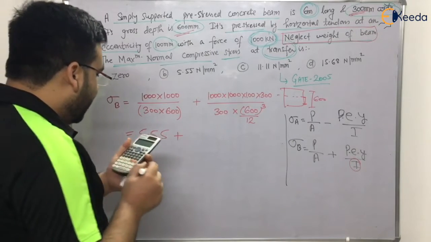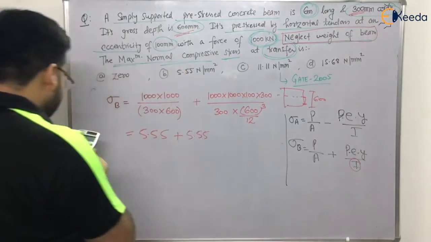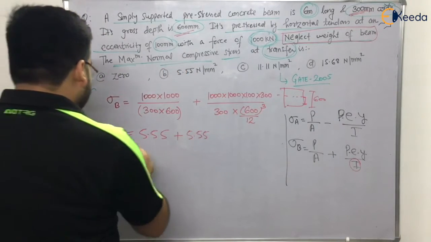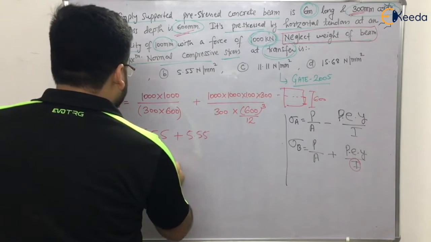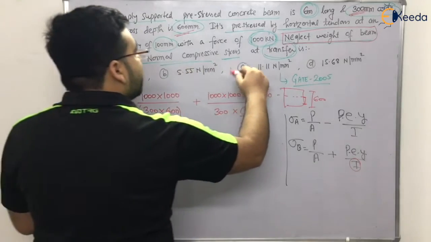It will again be 5.55. 5.55 multiplied by 2 will be equal to 11.11 Newton per mm square. So this is the correct answer.